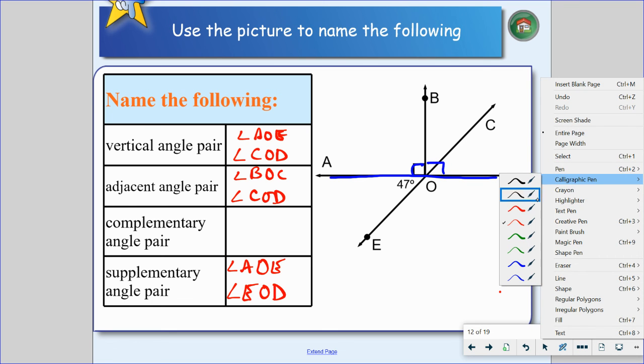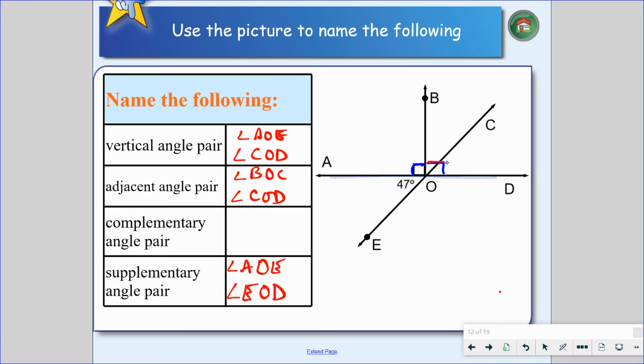Now let me go ahead and make that a little more permanent here. So I'm going to draw that, which then means that if I added these two up, they would equal 90 together. So I could write angle BOC and angle COD. Not only are those adjacent, but they are complementary.